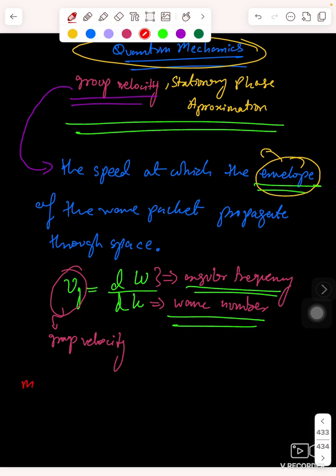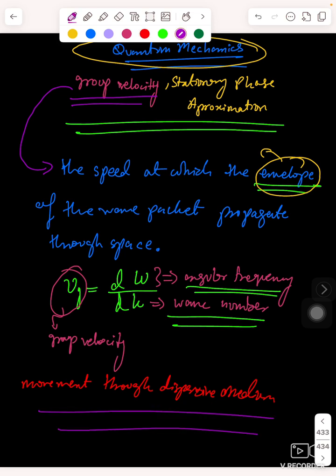That is the group velocity in a dispersive medium.